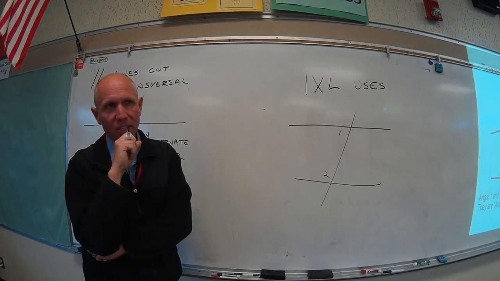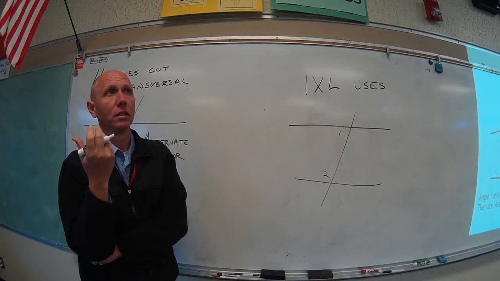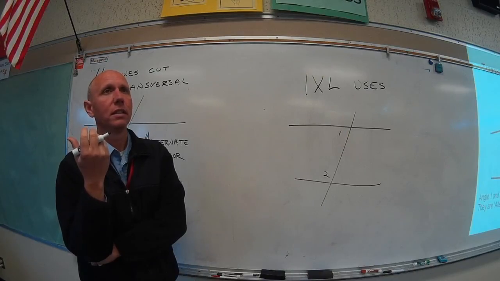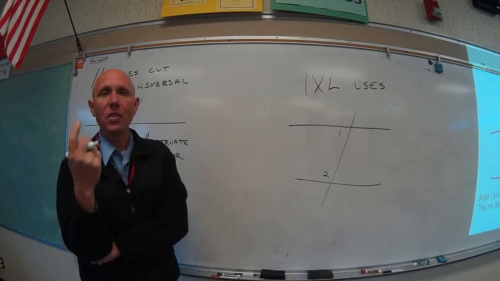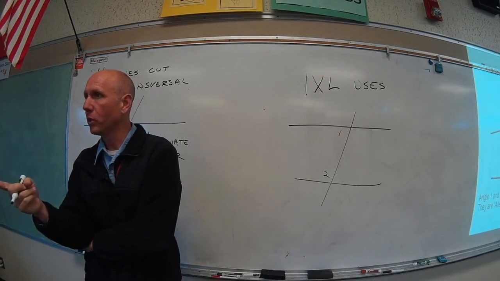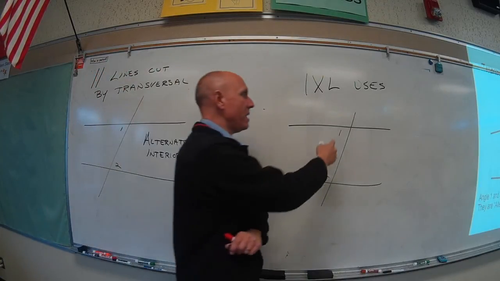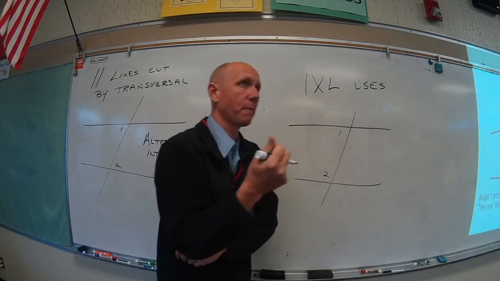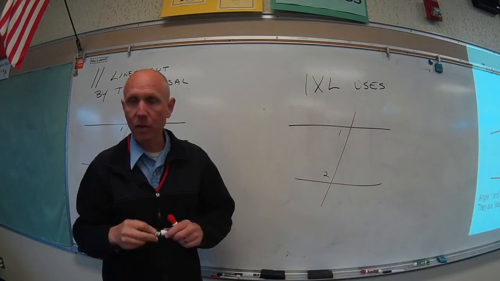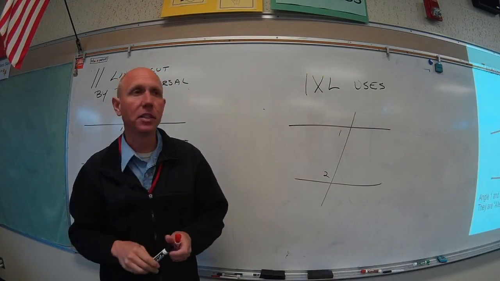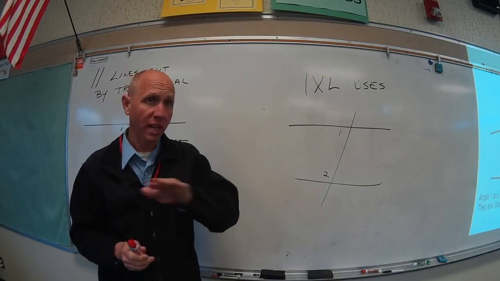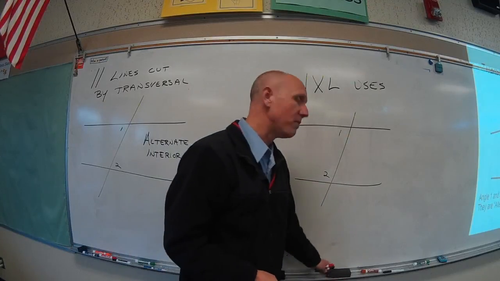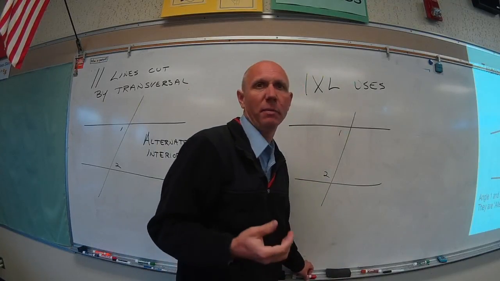Not something interior. Not corresponding. It's not a word that we've used. It's going to show up when you start doing the IXLs. They've got a name for these 2 guys, something interiors. And I don't remember what they're called. They're going to use a word that I haven't used yet. But I've never used that in a math class before.